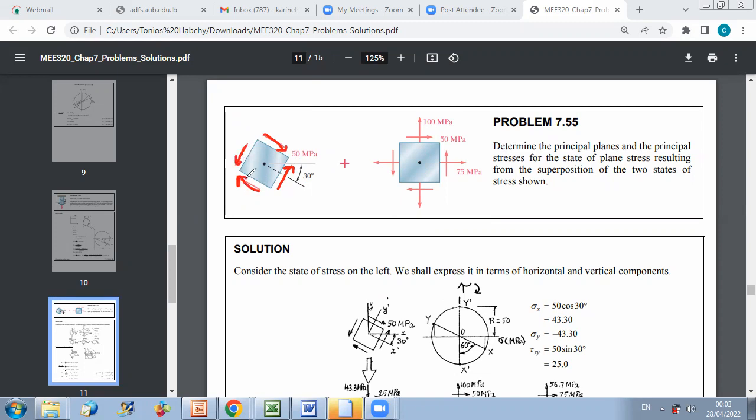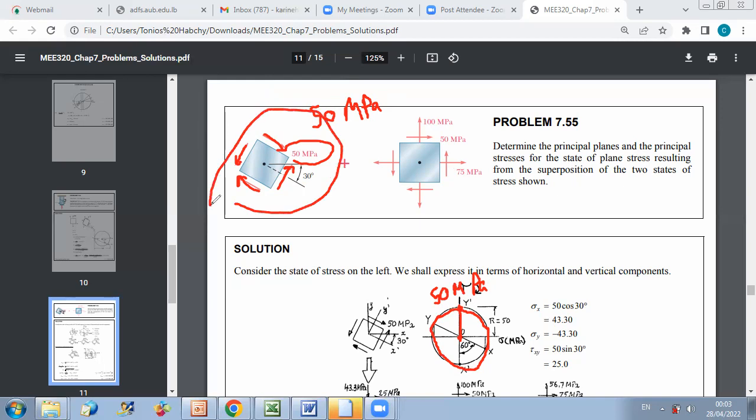And for pure shear, it's very easy to draw the Mohr circle, because you know the maximum shear, which is 50 megapascal, and it corresponds to a normal stress of 0. So if you want to put your points, all you have to do is take point Y prime with sigma average equal to 0. So this is a circle of radius 50 megapascal. This will give you the Mohr circle for this figure.